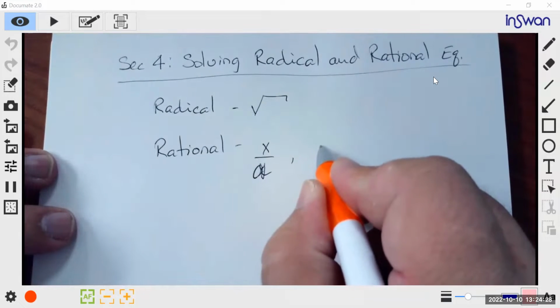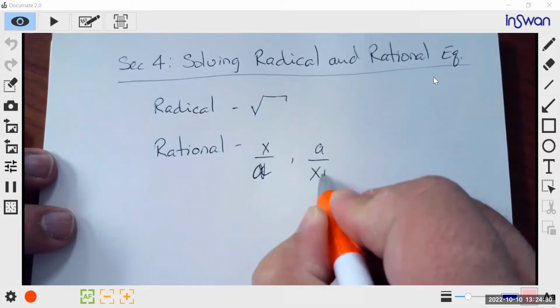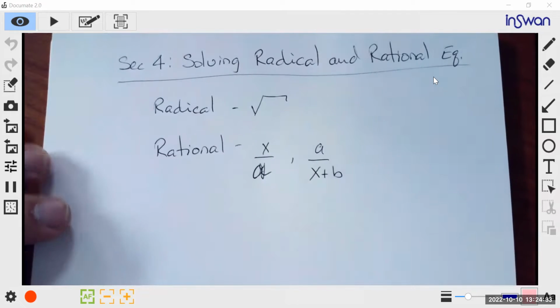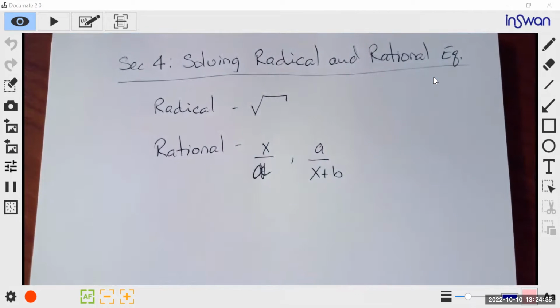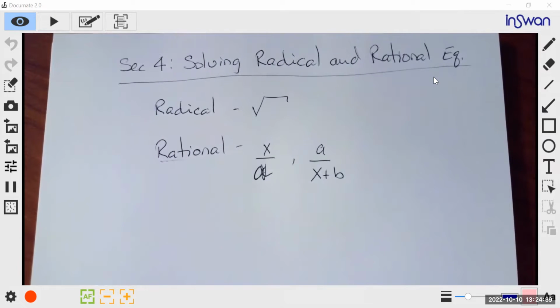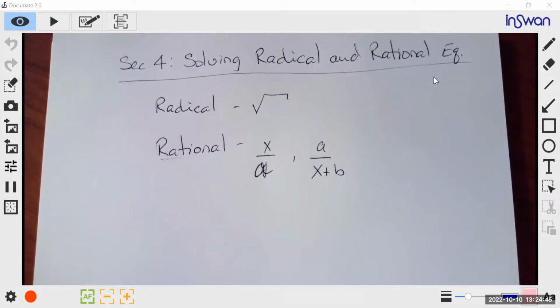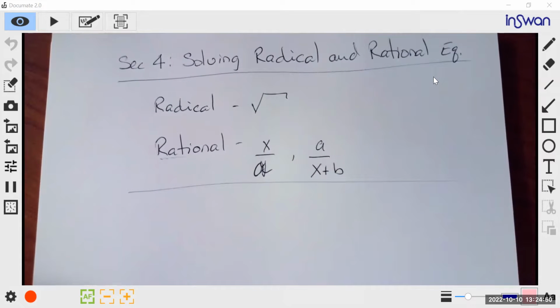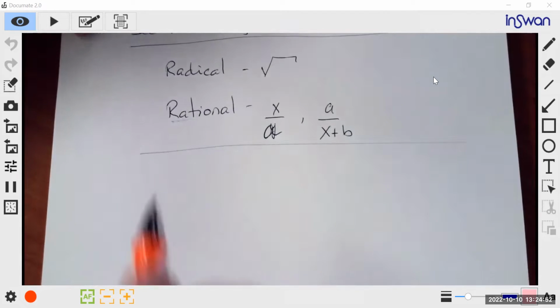Where x can now be on the bottom. So whenever you see rational, it means a fraction. We'll start off with rationals.